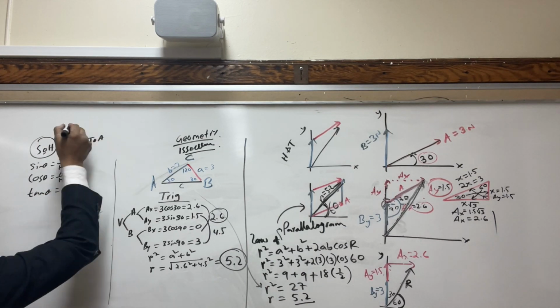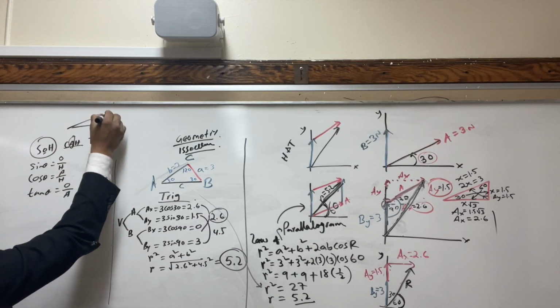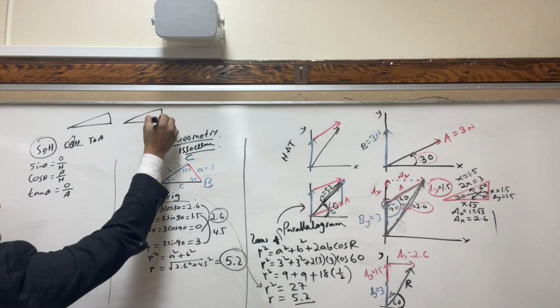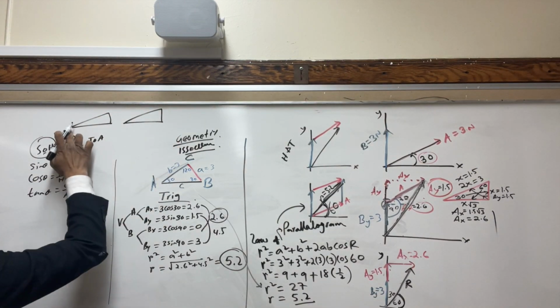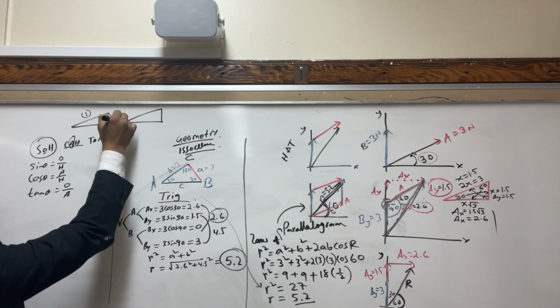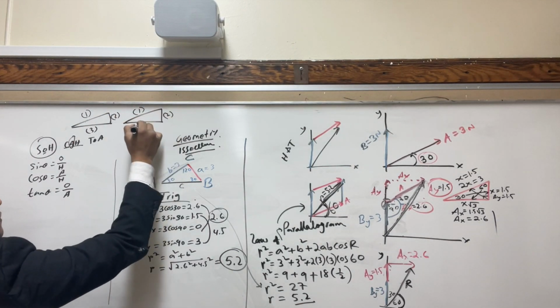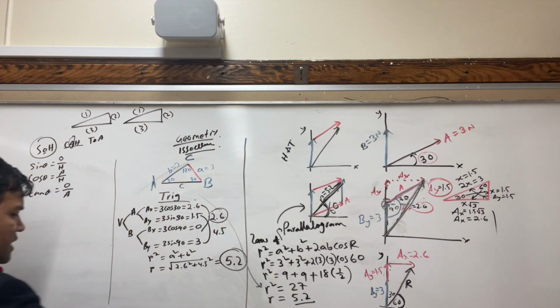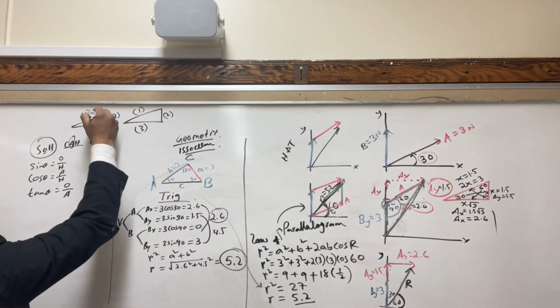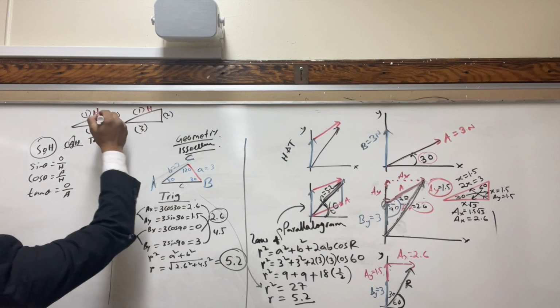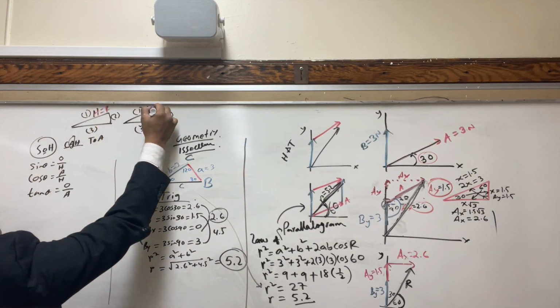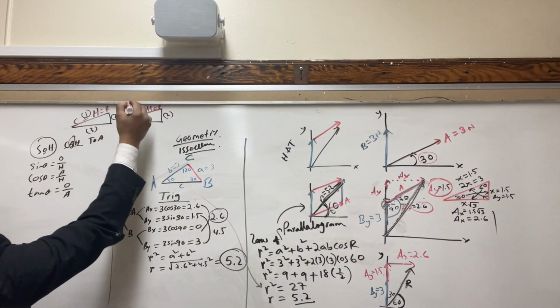Now if I give you a right angle triangle and I call the sides 1, 2, 3, understand that this is the hypotenuse, or you can call it R, or you can even call it C.